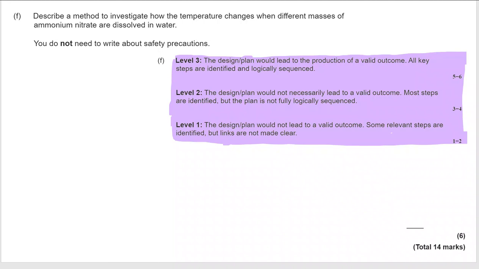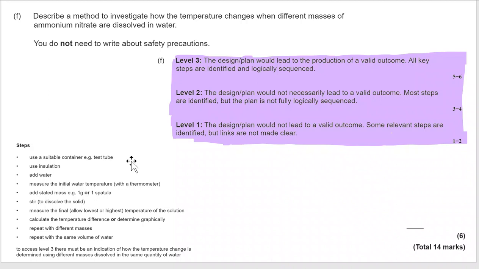Now we're going to take a look at the key information that we're looking for. So it's about making sure we do this in the right apparatus, a test tube. It's about making sure we insulate to prevent heat loss. Adding water to that insulated beaker or test tube.